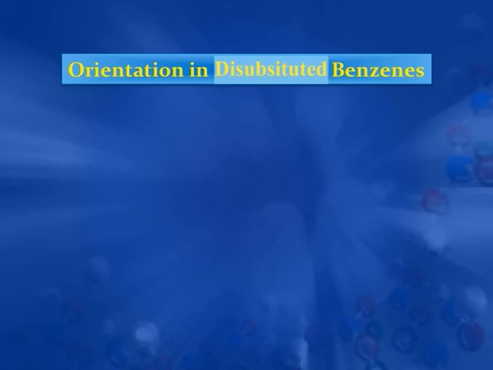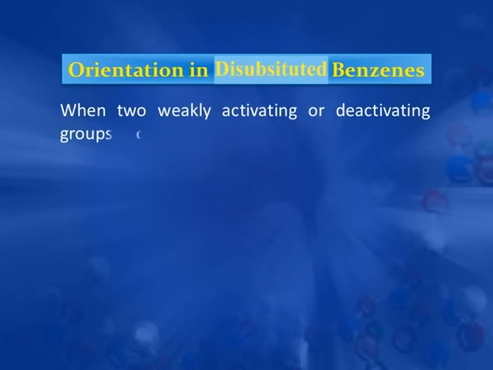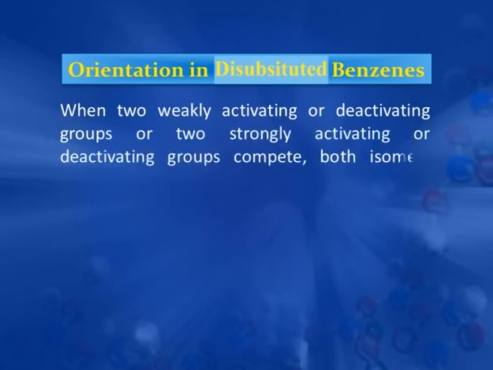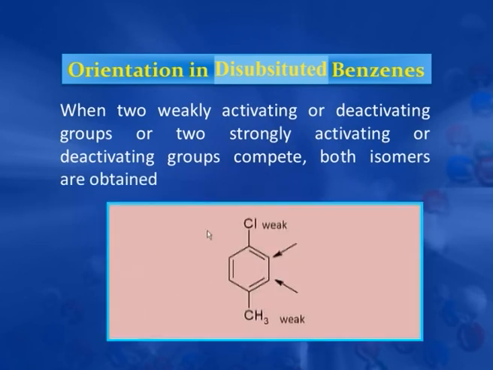Now, the fourth case: when two weakly activating or deactivating groups, or two strongly activating or deactivating groups compete, then both isomers are formed. This means when the two groups present are of the same nature, for example chlorine and methyl, this is weakly deactivating, this is weakly activating, but both are ortho and para directors.